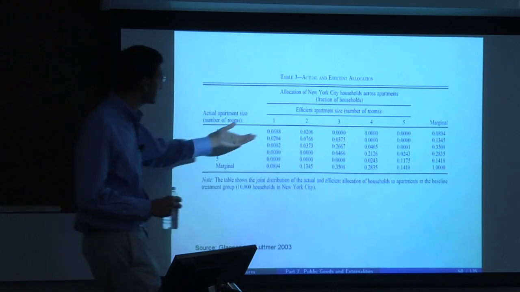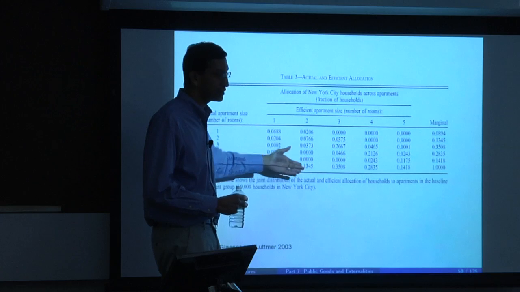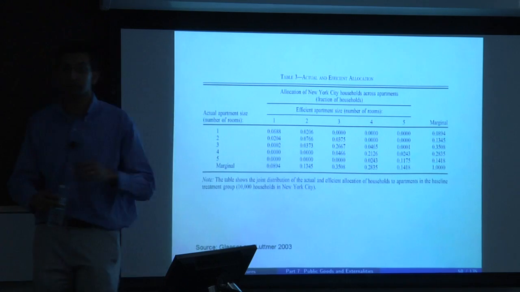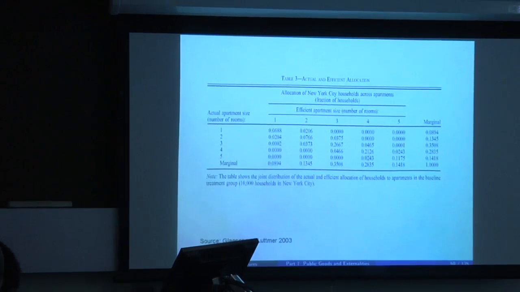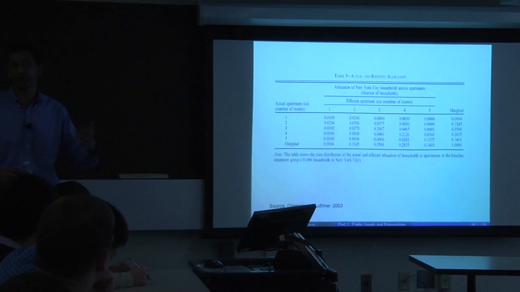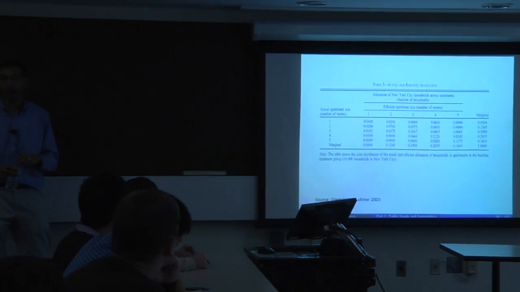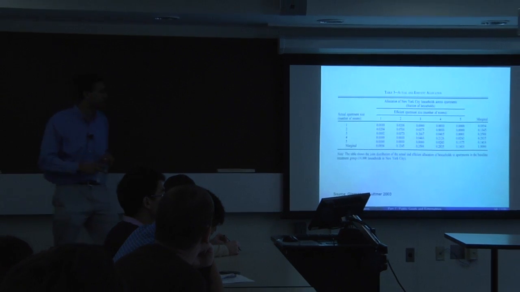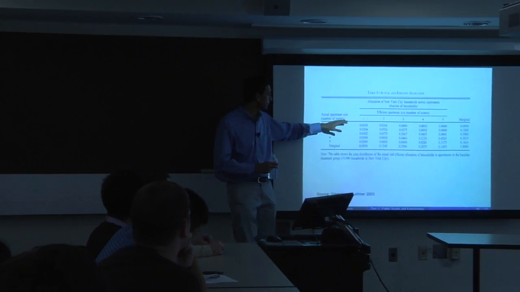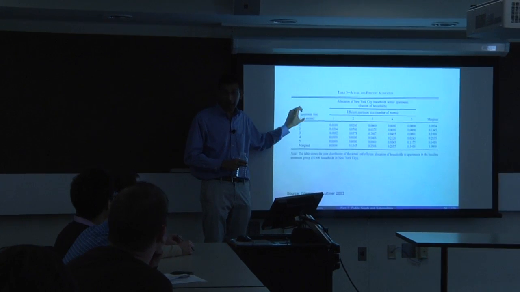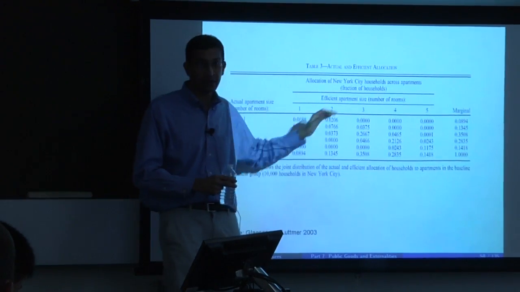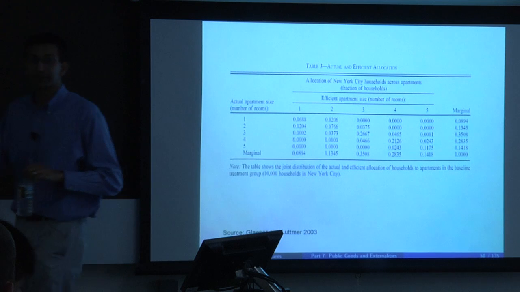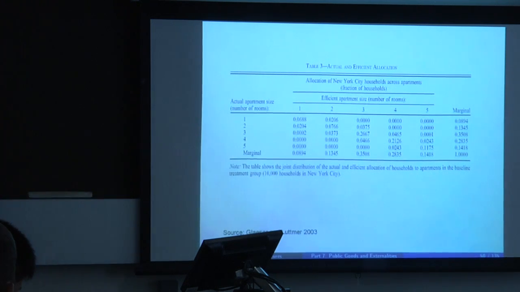Here's another way. Suppose you take the people who should be in 2-bedroom apartments, and to make it very simple, regress the probability that they're in a 1-bedroom apartment on... actually, let's do it the other way. Regress an indicator for whether you are actually in a 1-bedroom apartment on what the optimal apartment size for you is, using indicators.